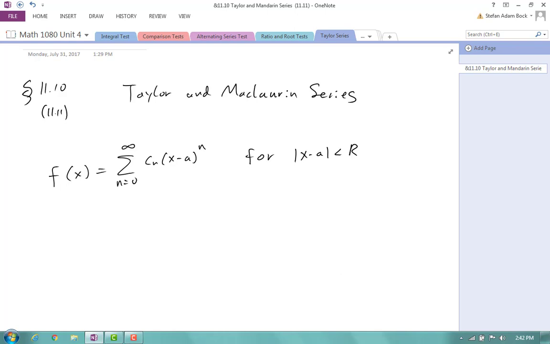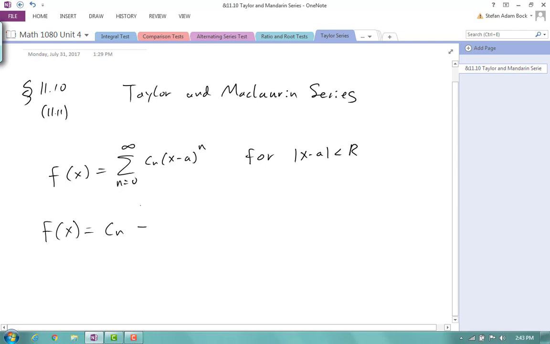And specifically, if they're equal, then when I plug in a for x, I should get the same number on both sides. So f of x is equal to c sub 0 plus c sub 1 times x minus a plus c sub 2 times x minus a squared plus c sub 3 times x minus a cubed, forever.